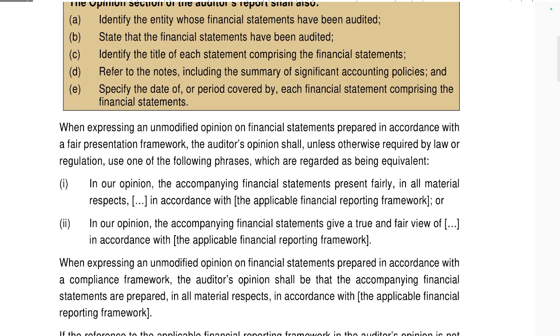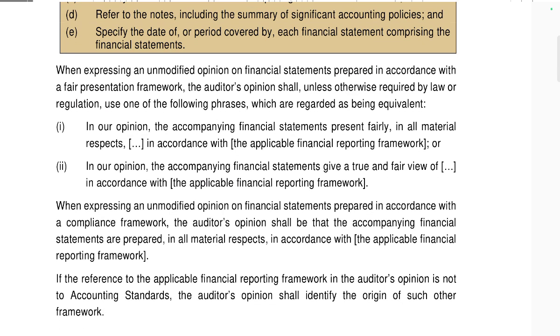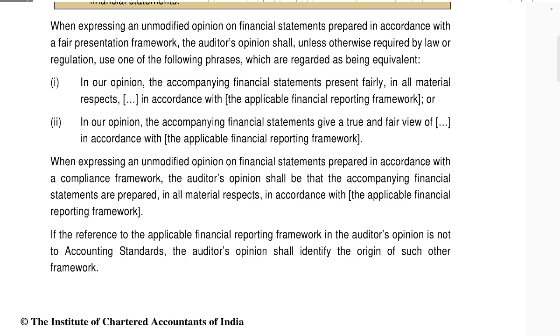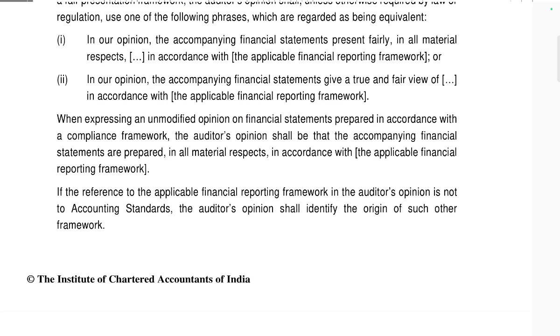When expressing an unmodified opinion on financial statements prepared in accordance with a fair presentation framework, the auditor's opinion shall, unless otherwise required by law or regulation, use one of the following phrases, whichever is relevant. In our opinion, the accompanying financial statements present fairly, in all material respects, in accordance with the applicable financial reporting framework; or, in our opinion, the accompanying financial statements give a true and fair view in accordance with the applicable financial reporting framework.